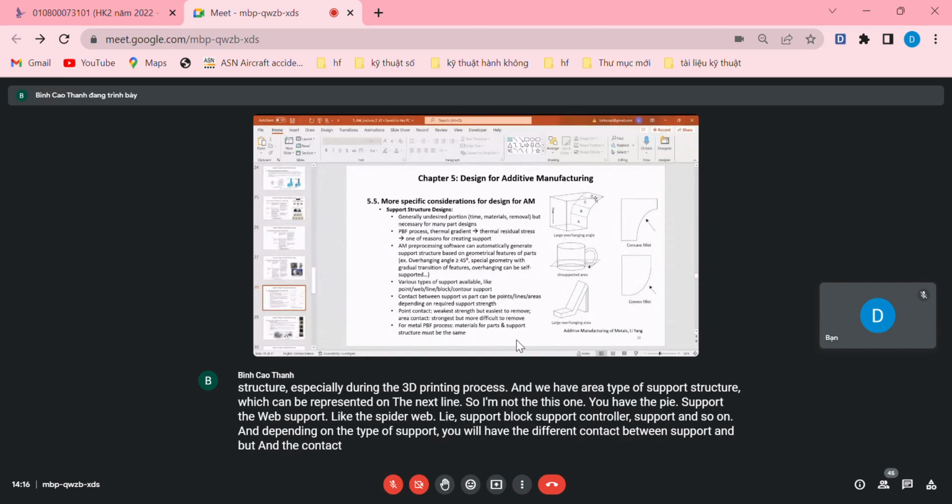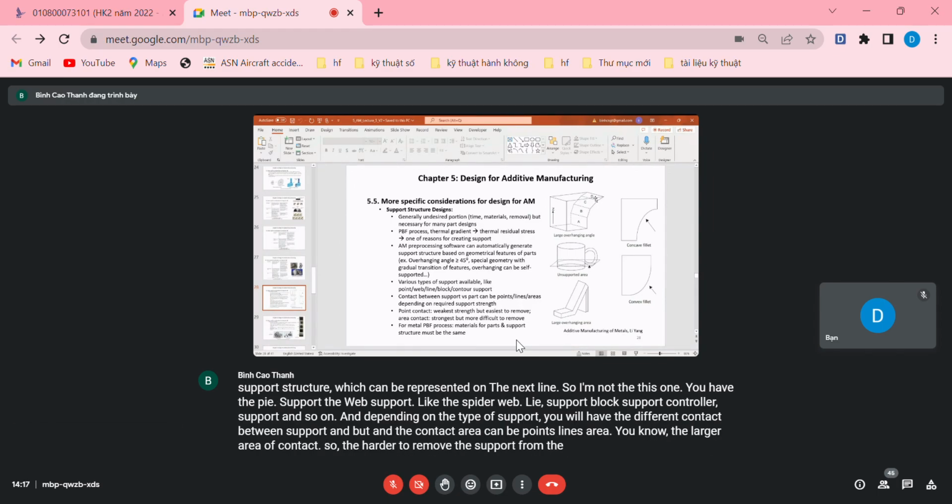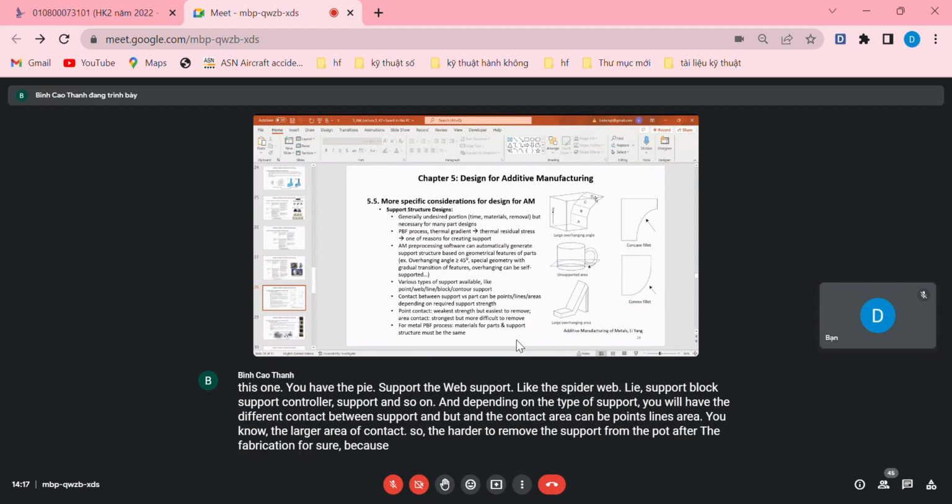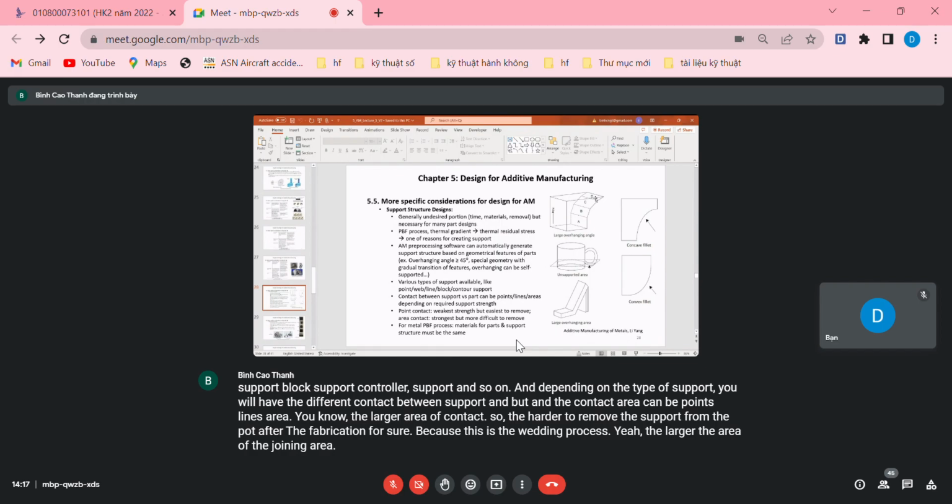The contact area can be points, lines, or areas. The larger the contact area, the harder it is to remove the support from the part after the fabrication, because this is a wetting process. The larger the joining area, the more difficult it is to remove the support from the part.